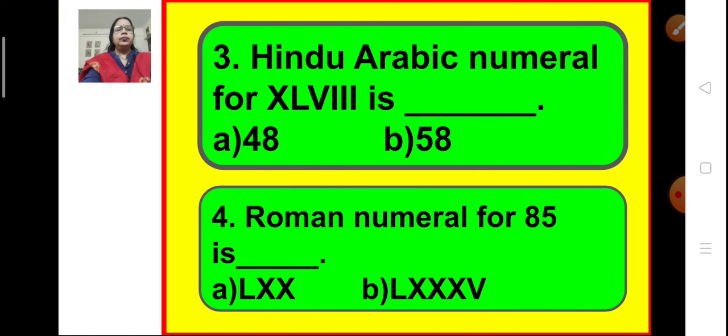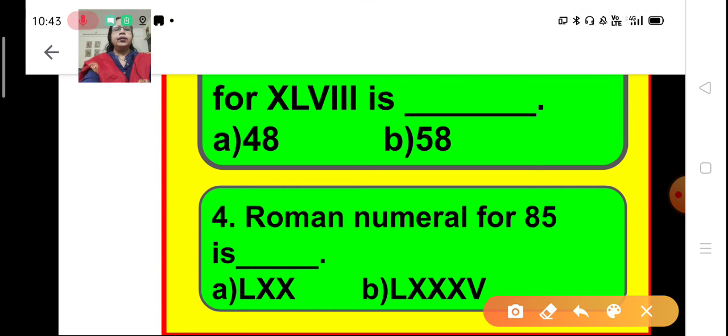Now third one, the Hindu Arabic numeral for XLVII is A 48, B 58. So what is the Hindu Arabic numeral for this Roman numeral? You know X is 10, isn't it?